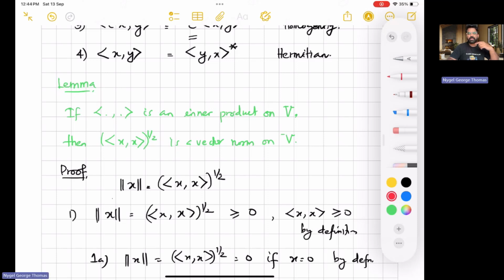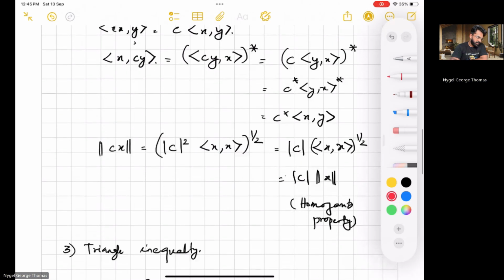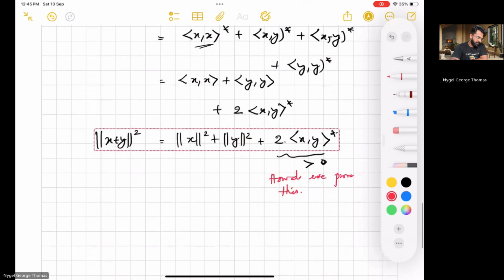I think we should have used the Cauchy-Schwarz inequality. The third property, how do we prove this, is using the Cauchy-Schwarz inequality. What does Cauchy-Schwarz inequality say? So far, what we have proved is norm of x squared plus norm of y squared.